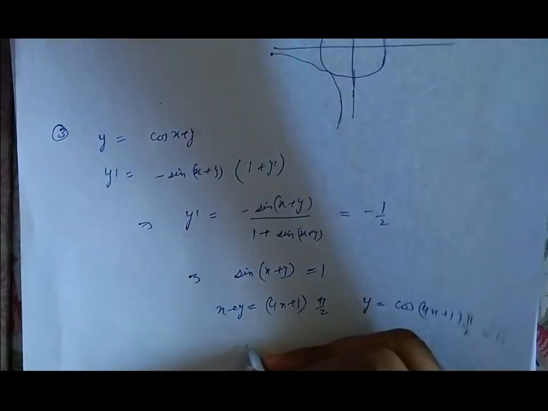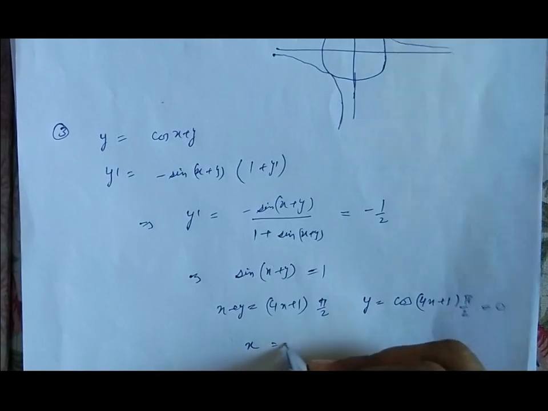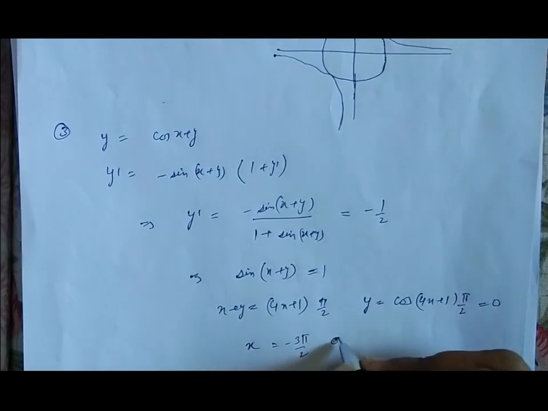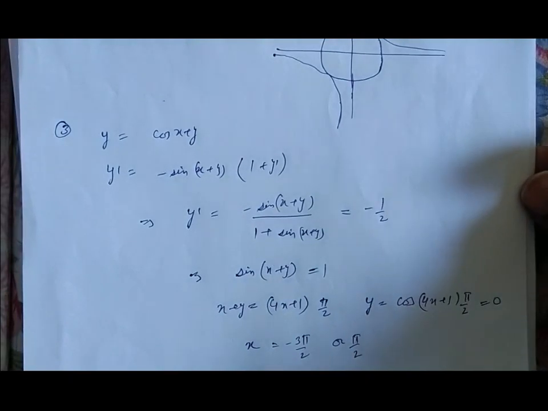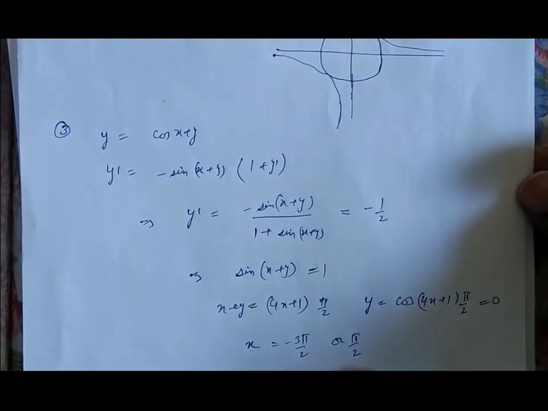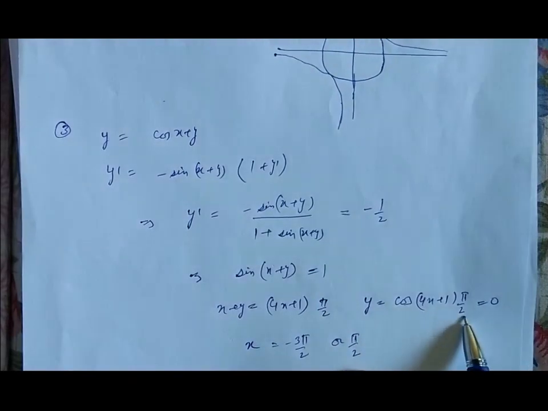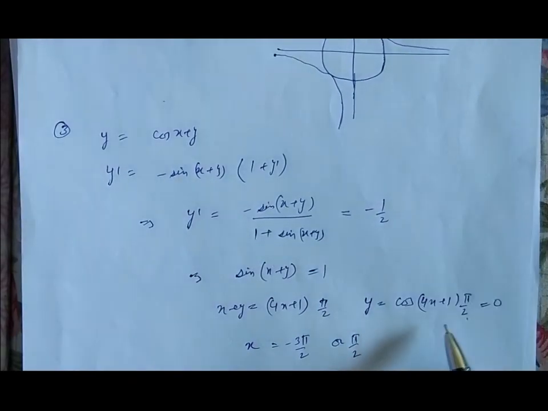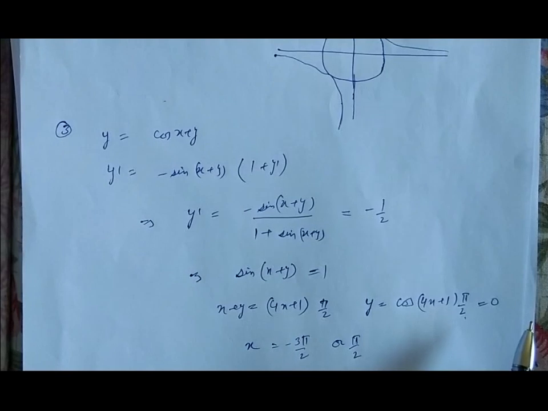So x can be minus 3 pi by 2 or pi by 2. If we know x, we also know y, then we can obtain the equation of the tangents.